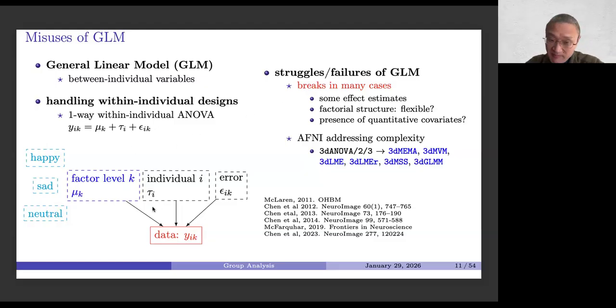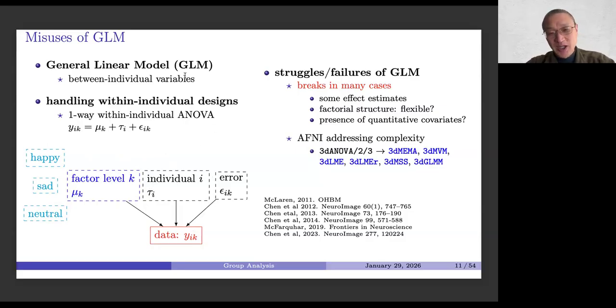However, if you use the same model to estimate each particular level, for example happy or sad separately, this model will break because this component would be gone. So you would need a separate model if you really want to estimate each particular emotion task.